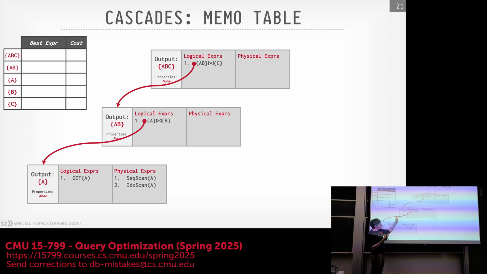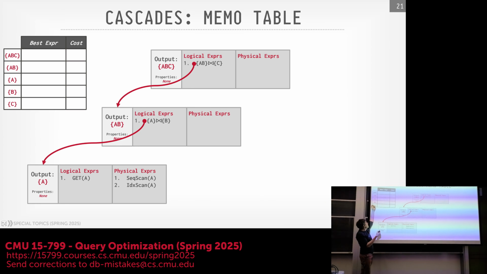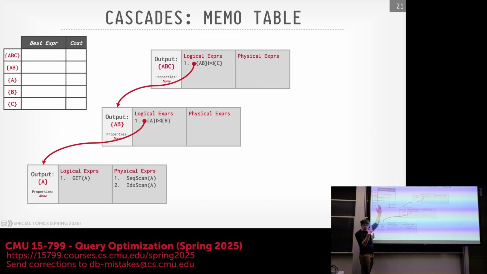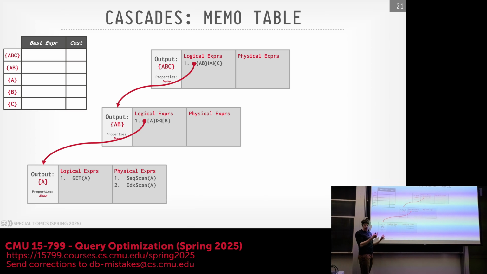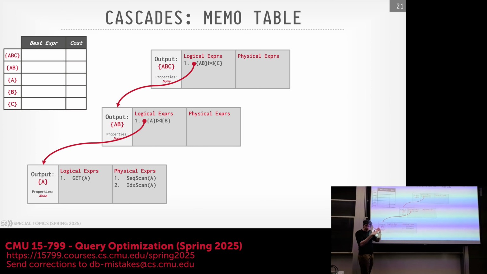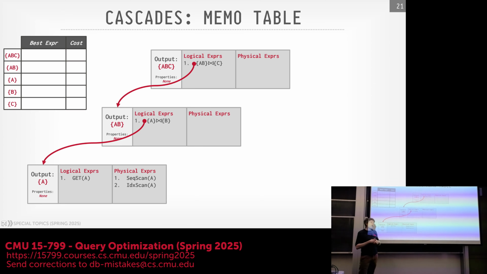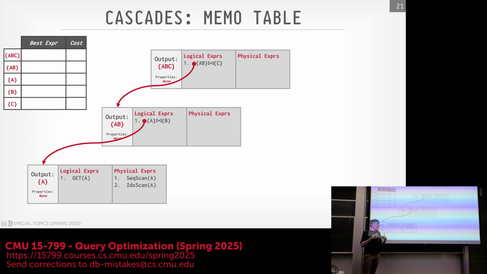I'm showing the lines here, but it's really the memo table keeping track of, okay, here's the output you want, like A, you need table A. Here's all the groups that we've seen so far that can produce that for you. And you're sort of stitching together what the path is through the query plan. And it may be different from one incarnation versus another. But you're keeping track of it, you don't delete groups, right? You just keep track of everything.